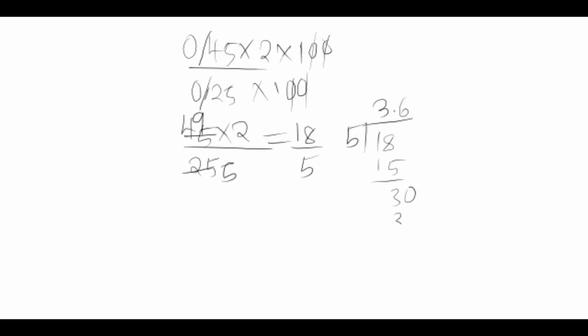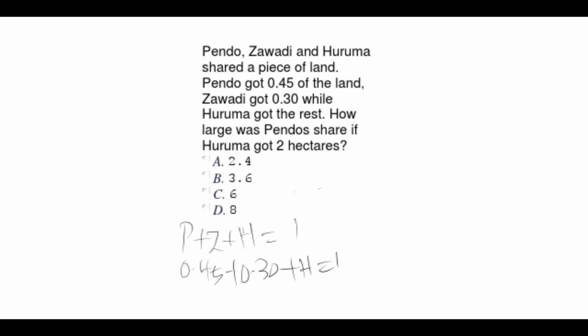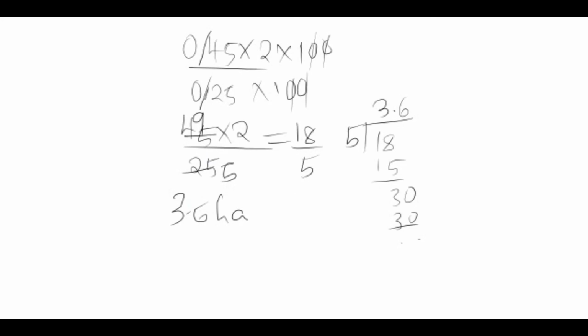So we have 3.6 acres. The question was, how large was Pendo's share if Huruma got 2 acres? The share of Pendo was 3.6. So that's what Pendo got, 3.6 acres.